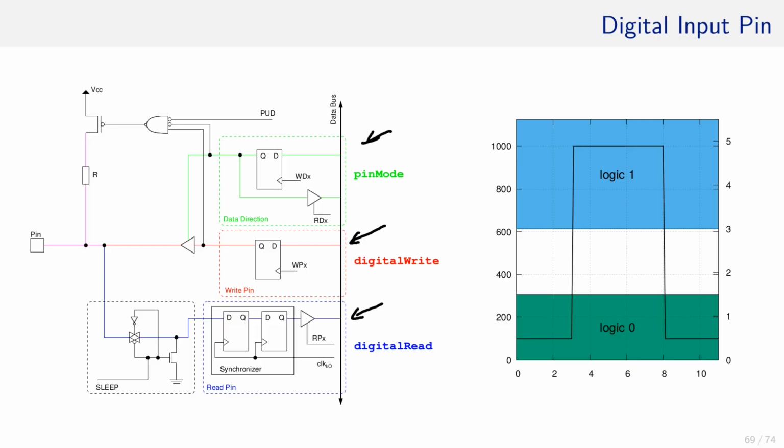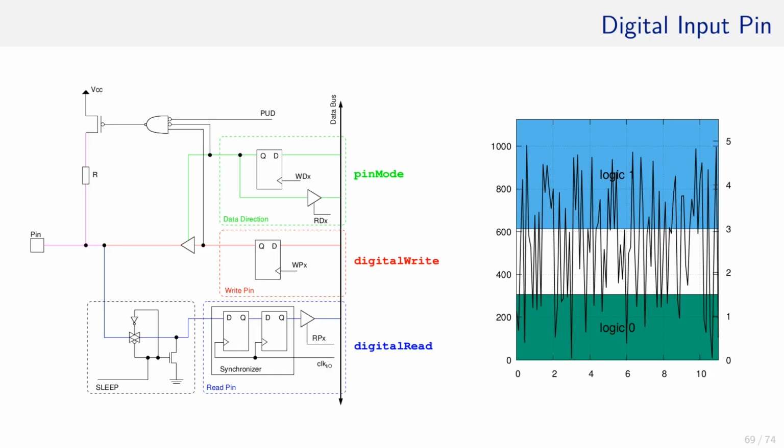If you read the pin digitally, this part converts the voltage either to logic 0 or 1. Every time a transition occurs, the read section consumes a bit of power to update its state.